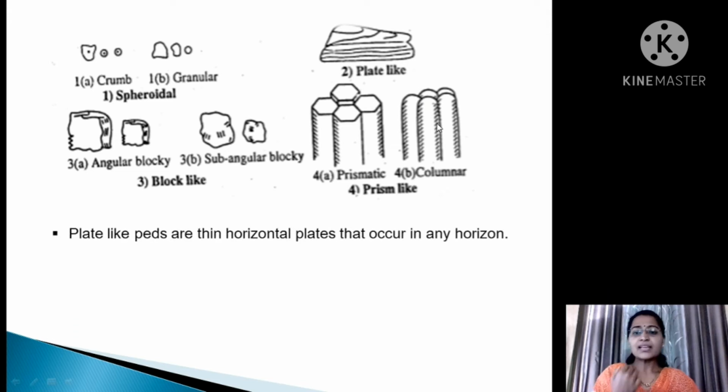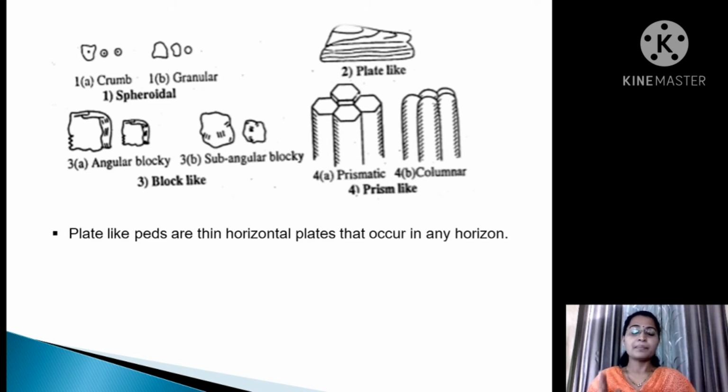Plate-like structures are thin horizontal plates that occur in any horizon. In the last lecture we saw the types of horizons, and there are 3 types we already studied. Which are these 3 types?